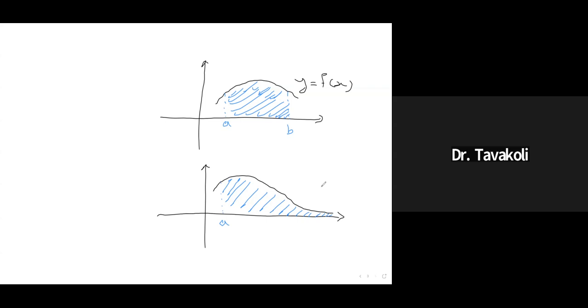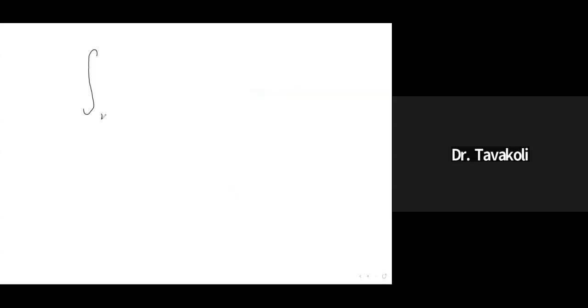So let's first talk about the case that b is in fact plus infinity. In other words, we have the integral from some number a to infinity of a given function f of x dx. Depending on the function, sometimes the value of this integral might be a number, and in some cases it's not a number.